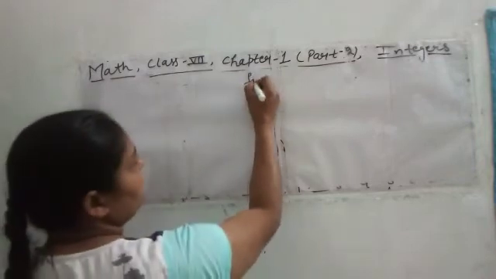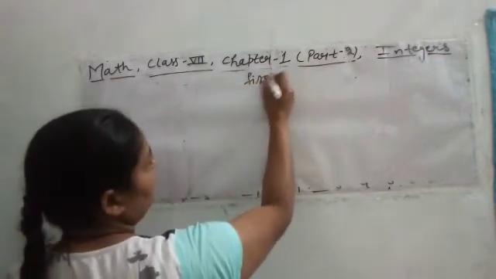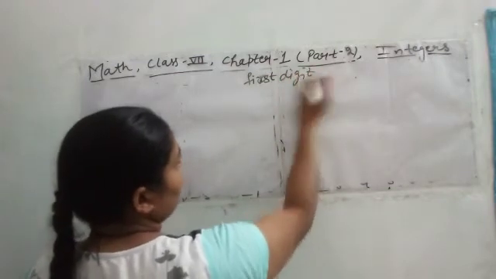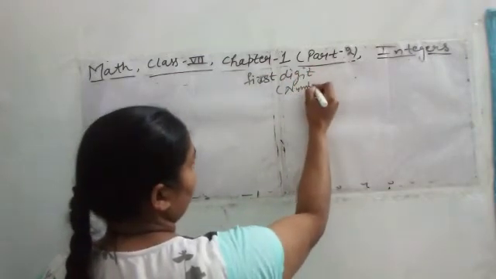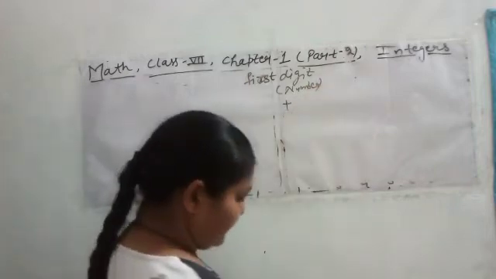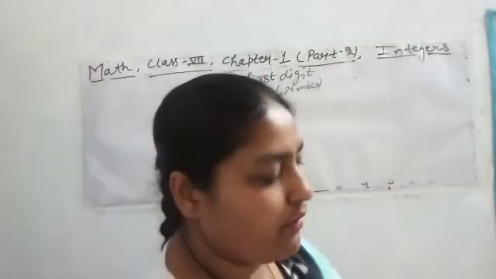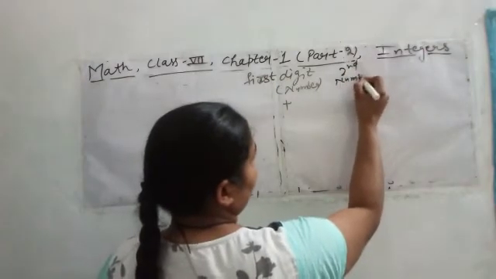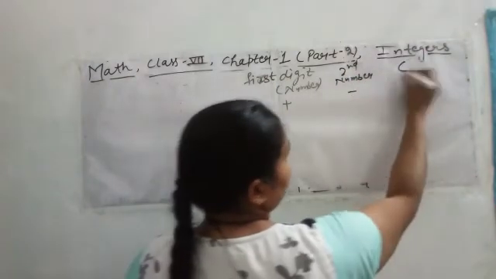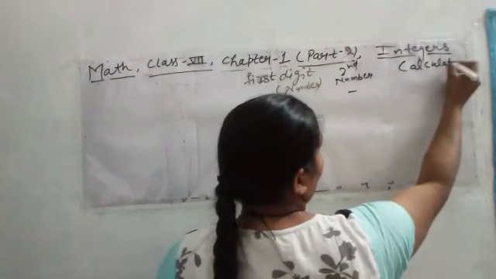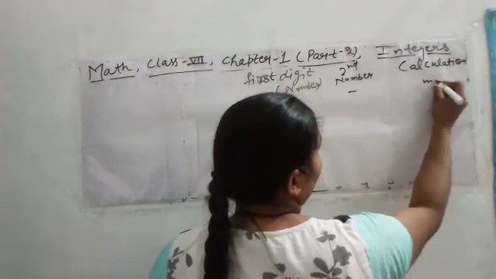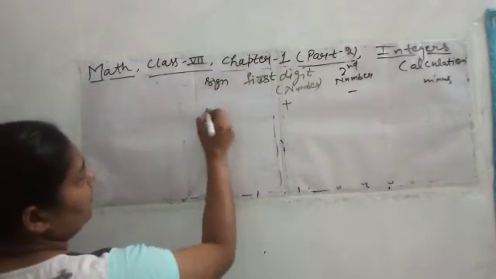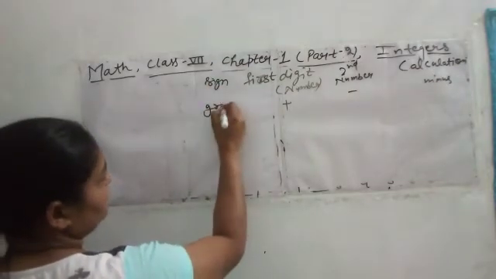If our first number, or you can say first digit, is plus, and the second number is minus, then the calculation will be minus and the sign will be of the greater digit.